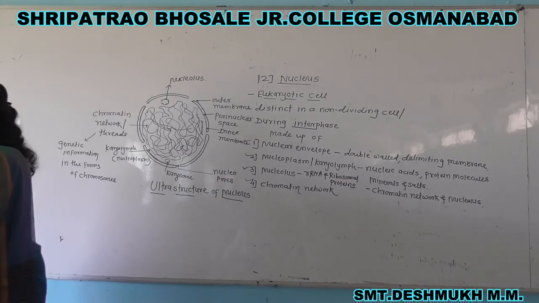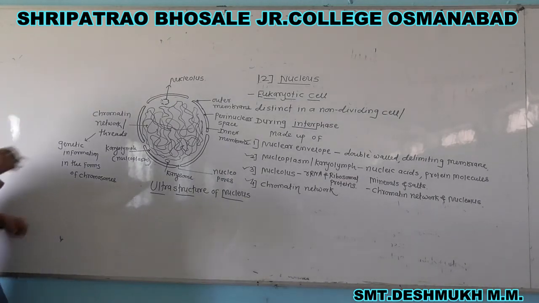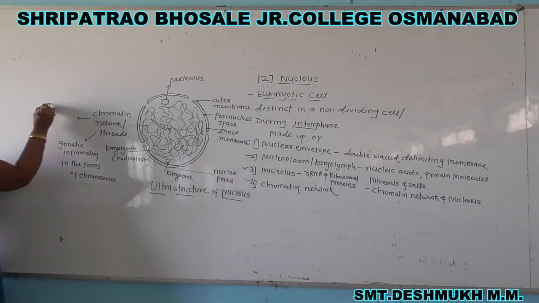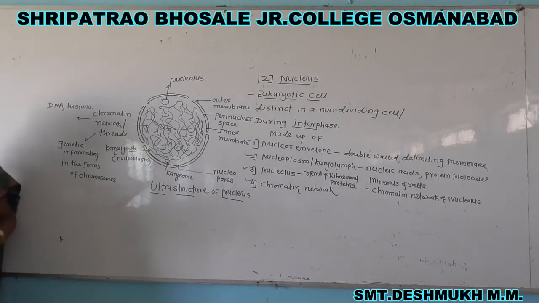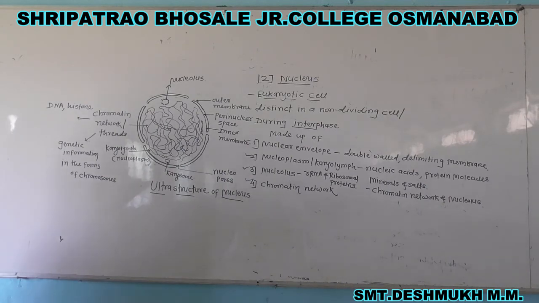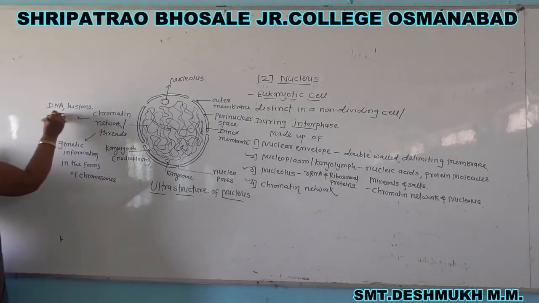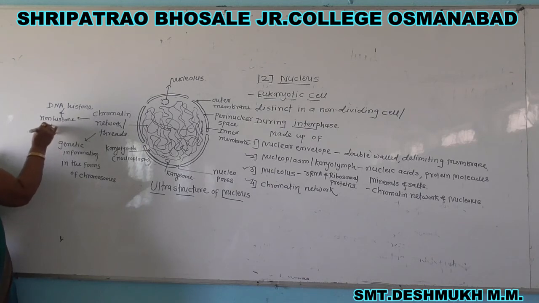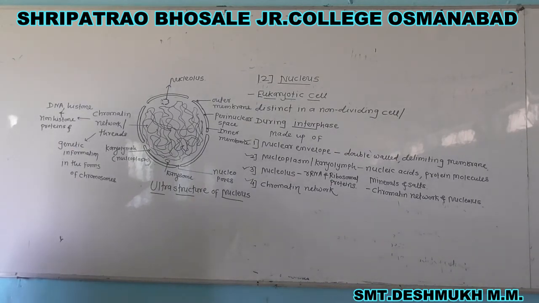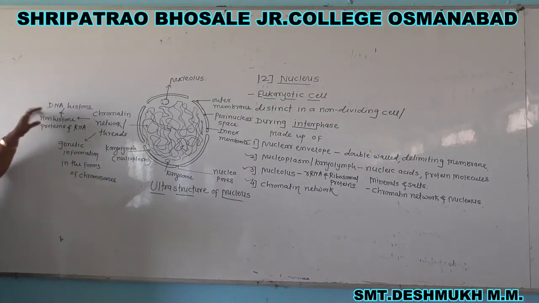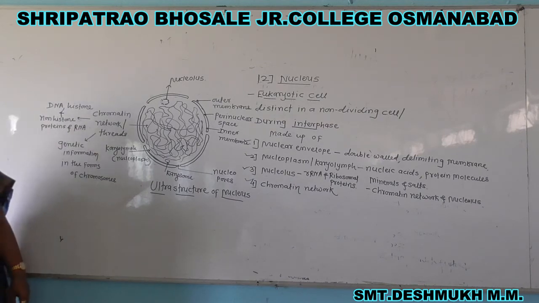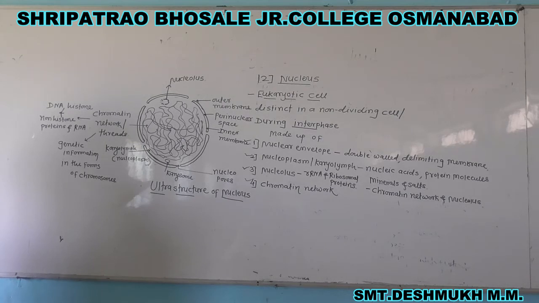The chromatin material contains DNA, histone and non-histone proteins, and RNA.